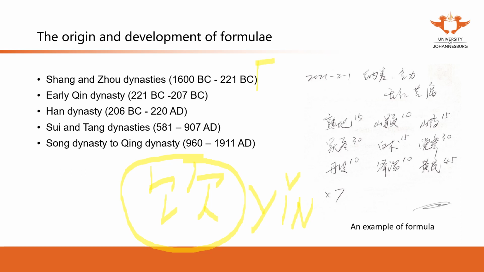At this stage, people knew how to use fire, moving from raw food to cooked food. That's the development of human civilization, from raw food to cooked food, the use of fire.